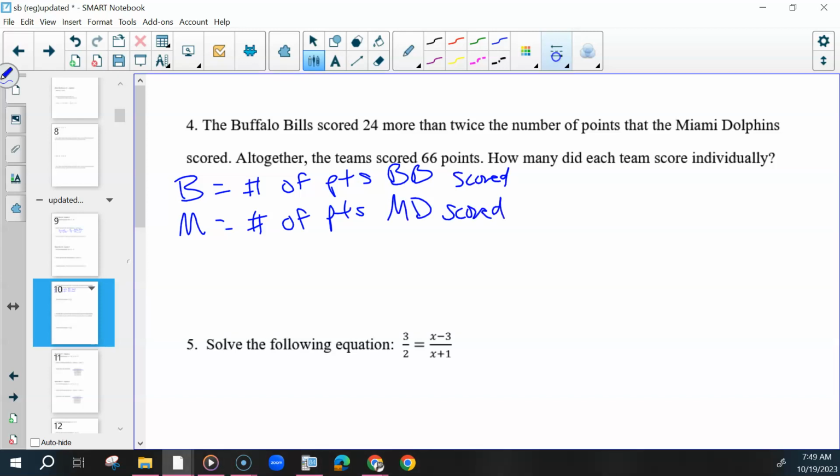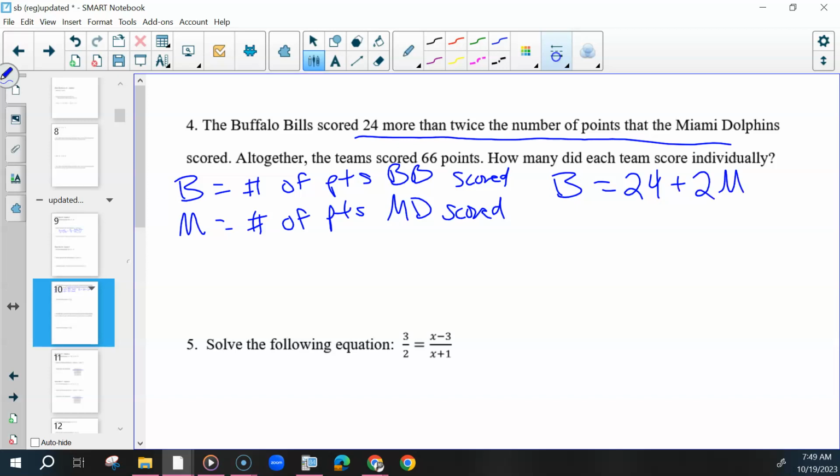We know specifically in that first sentence, the Buffalo Bills scored 24 more than twice the number of points the Miami Dolphins scored. So B equals 24 more than twice the number of points would be 24 plus 2M.